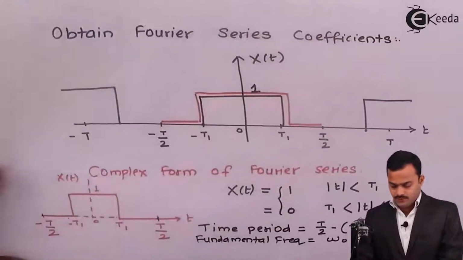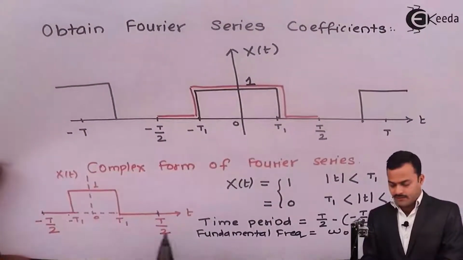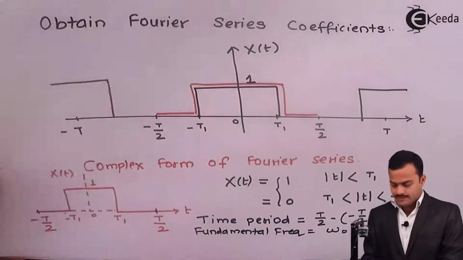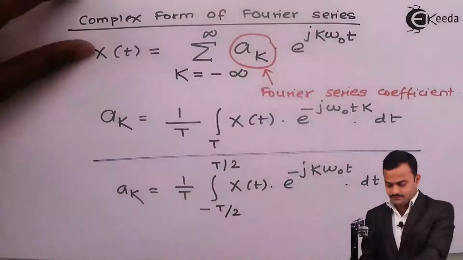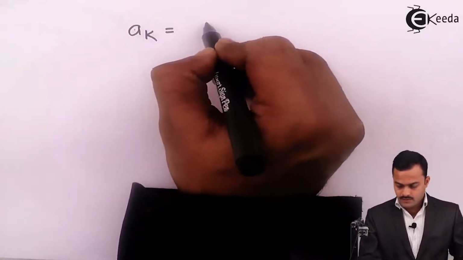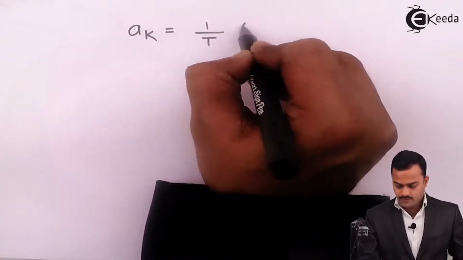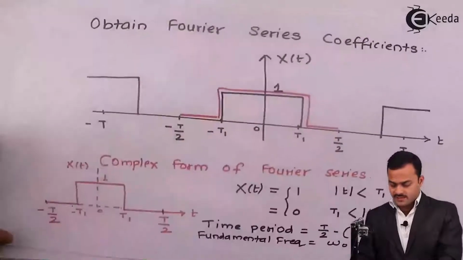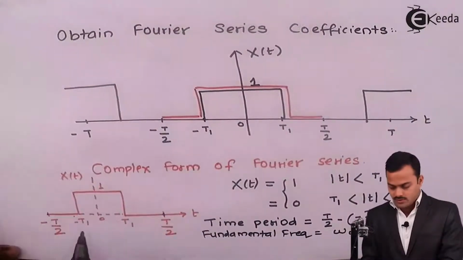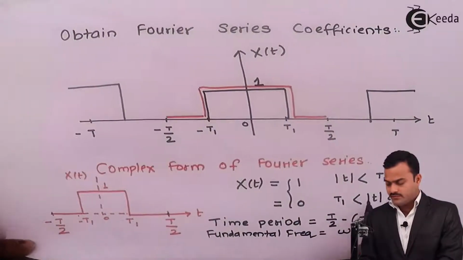Now, being a symmetrical waveform, we can cut short the limits like this. So I can say now a k equals 1 upon T. First we will check the waveform exists from minus T1 to T1, because in the remaining interval it is having the value 0 as we defined.